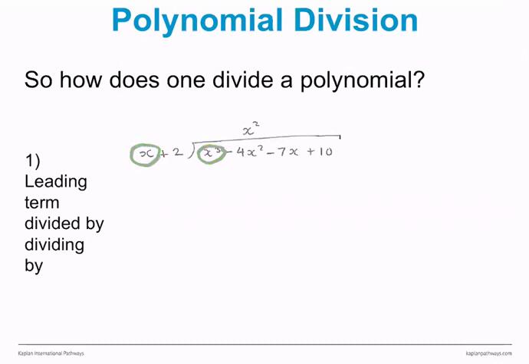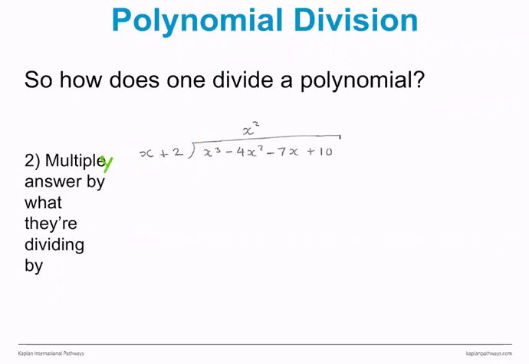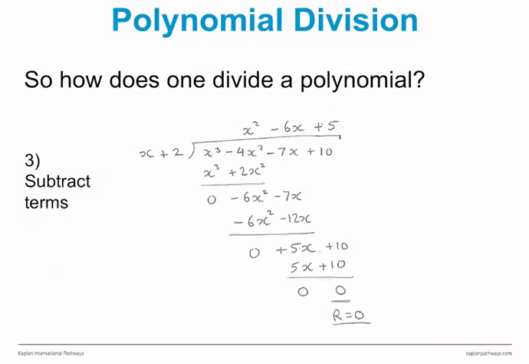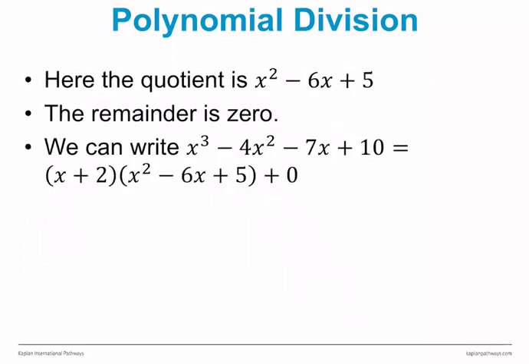And then you multiply x squared by x, and what you get down there, yeah? So it's really step by step if you struggle to follow. And that's r equals 0, and here is the quotient. The quotient is x squared minus 6x plus 5, and the remainder is 0.